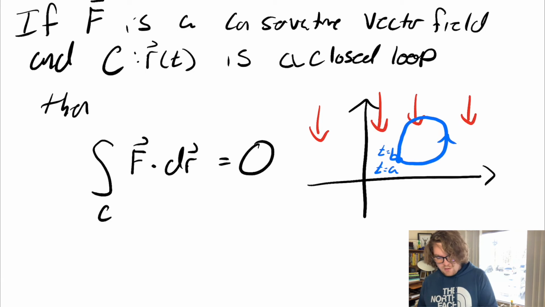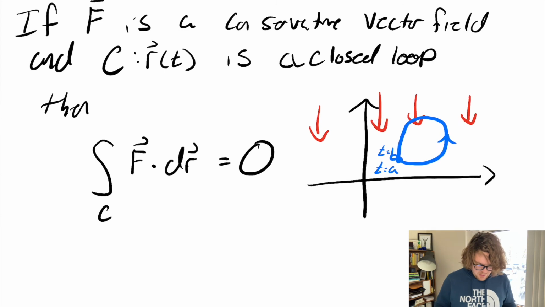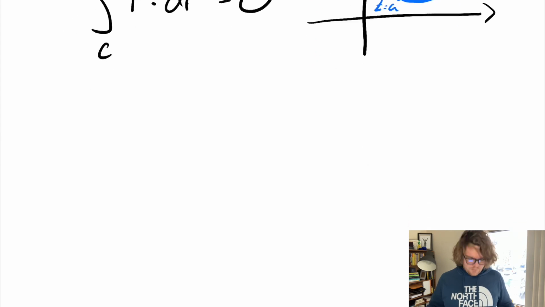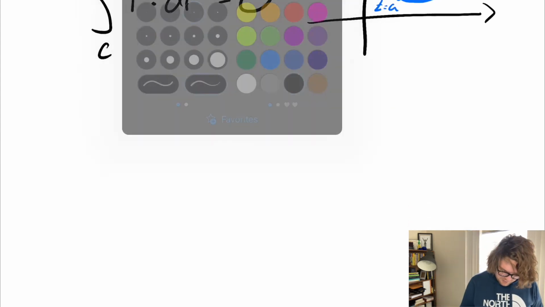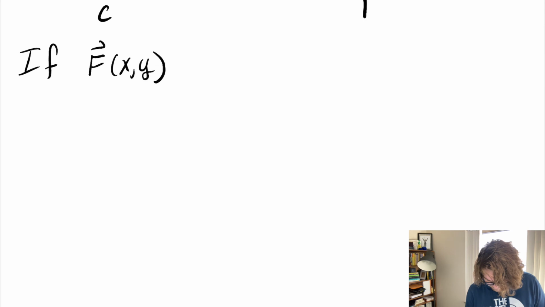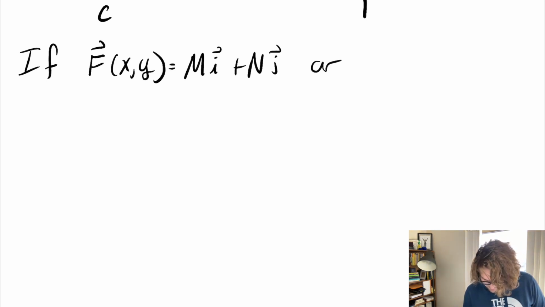Okay. Now, there's one last little set of statements that I'd like to make, but we're really not going to do a whole lot with them at this point, and most of them are going to feel pretty trivial, but I would like to at least have them in your notes. So if we let F(x, y) be some sort of vector field, which you can write as Mi + Nj, or we could also do this in space.